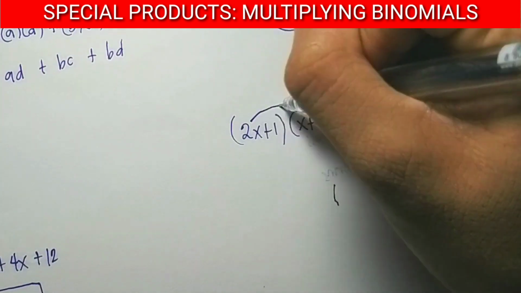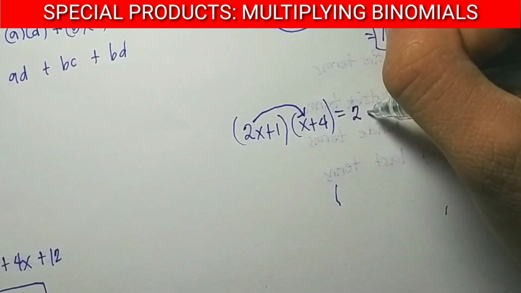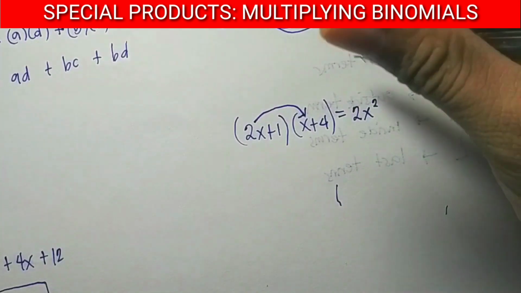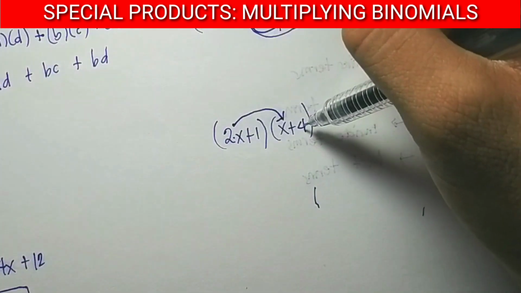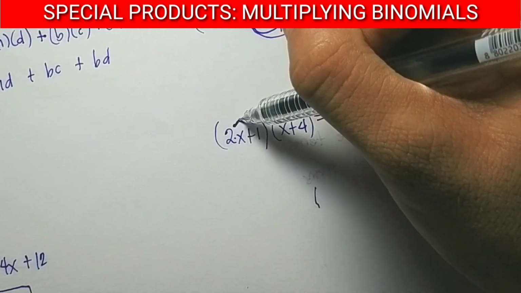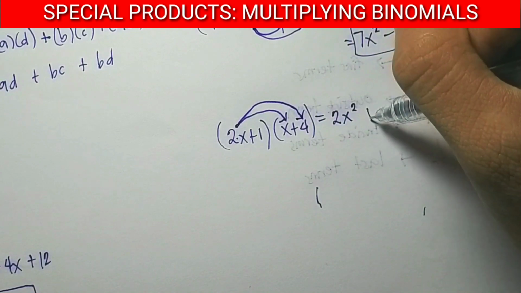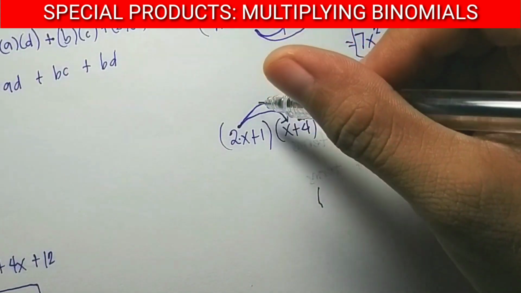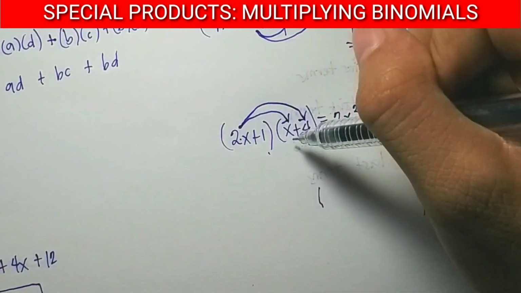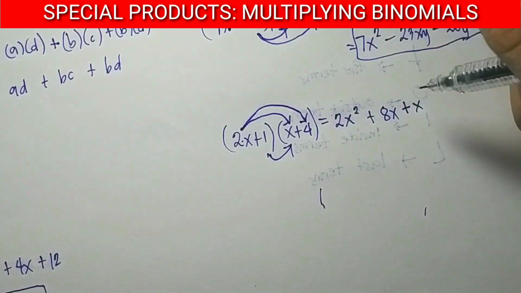So, 2x times x, that is 2x squared. Next, the outside terms kini si 2x ug si 4. So, 2x times 4, that is 8x. Next are the inside terms. So, the inside terms are 1 and x. So, 1 times x, that is x.